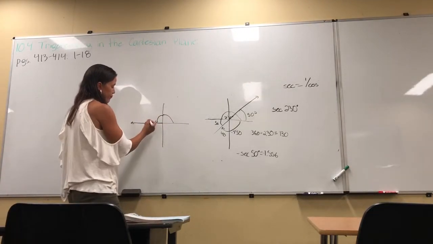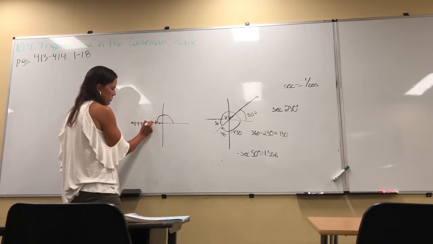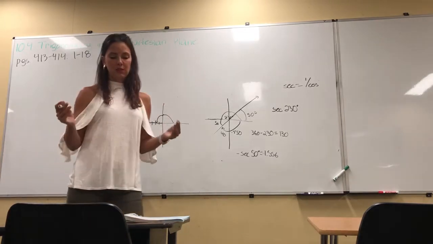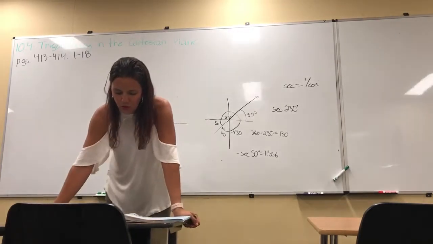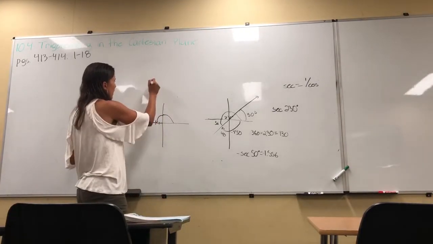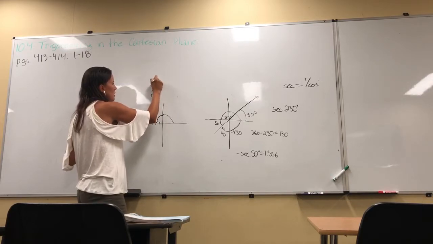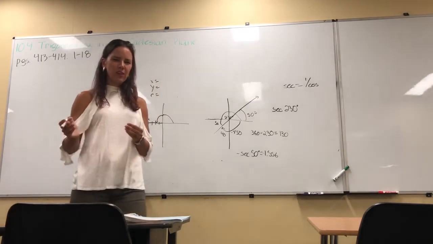So let's mark 1, 2, 3, 4, 5, 6, 7, 8. In the book they do 4, so we're just going to stay with 4. Remember, that's negative 4, but it's a distance, so we're just going to use 4 as our distance, okay? So, what do we need to find as our values? What's our x? What's our y? What's our r? Why are we finding r?